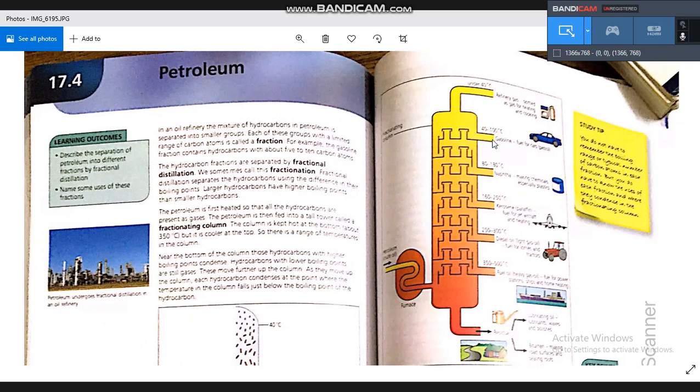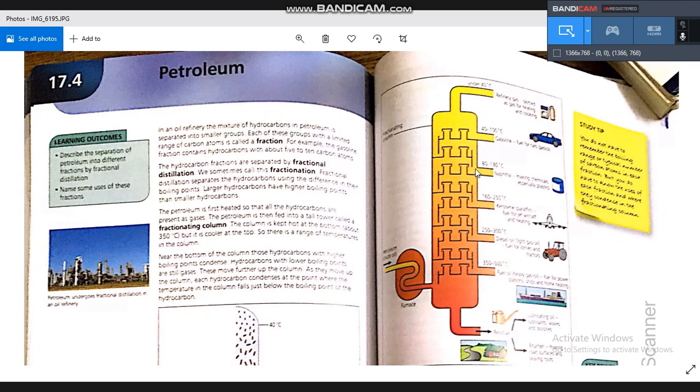From this opening, we can get gasoline, which is used as a fuel for cars, with a boiling point between 40 and 100 degrees. Okay. Right. After that, we will have chemicals like naphtha, which can be used in making plastic.